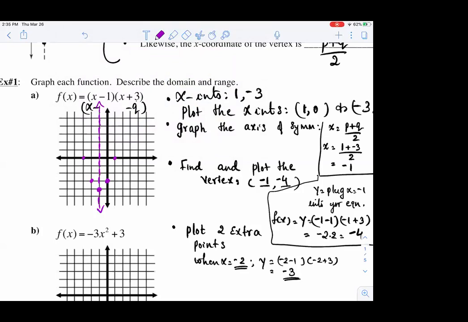Then let's connect them. Is it going to face up or down? Up. So here we go.